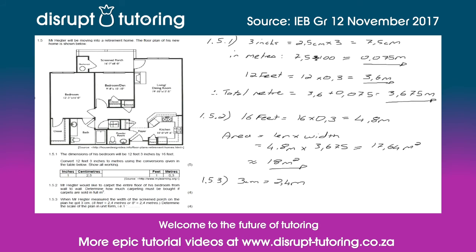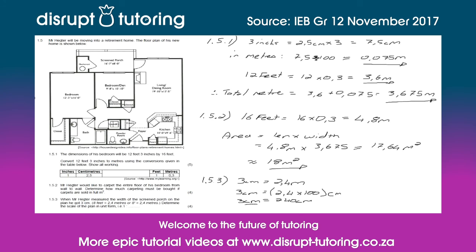So if we then convert both sides to centimeters, we've got that 3 centimeters equals, so to convert meters to centimeters, we multiply by 100, and this is going to give us equivalent units. So it's going to be 3 centimeters equals 240 centimeters. That's the scale.